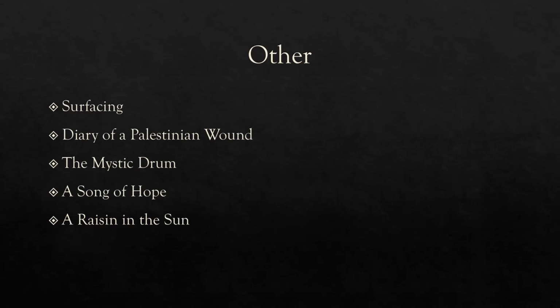Othering is also there in Surfacing when the unnamed narrator sees how people are perceiving her, when the neighbors, Madame and her husband, the friends of her missing father, used to talk to her mother with a sense of dissociation, with a sense of detachment, and they still talk to her with a sense of detachment.